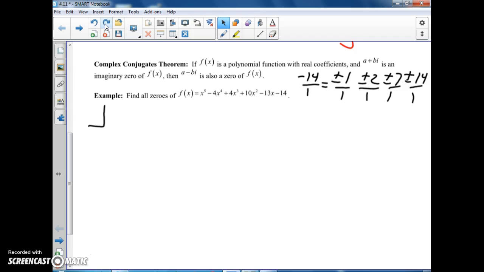Now there's one that's really obvious. Which is the one that's obvious? 2, right? 2's the obvious one. Everybody agree? All right, so let's go put 2 in the box.